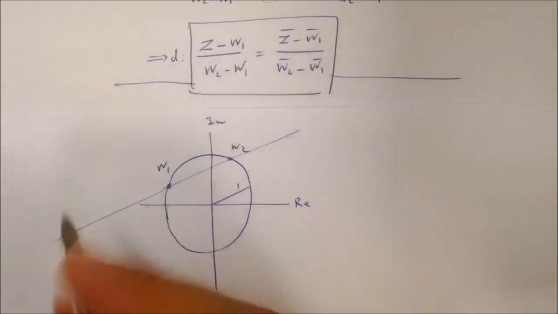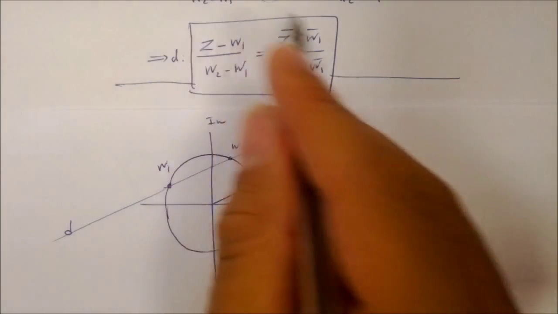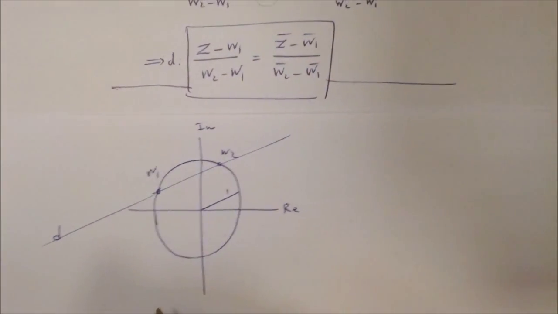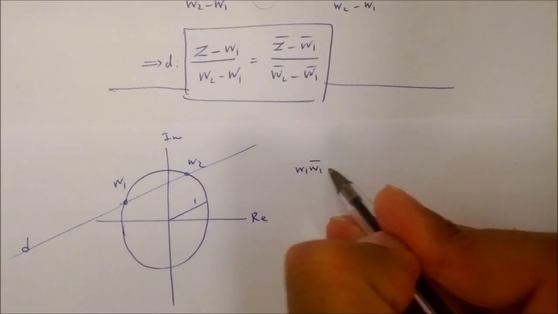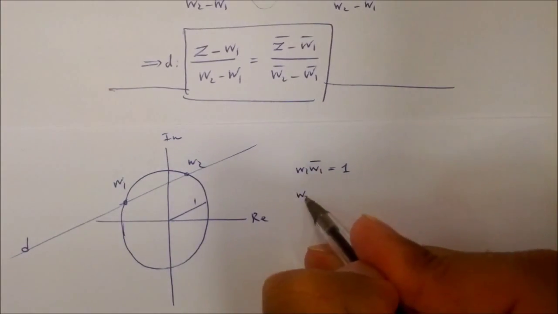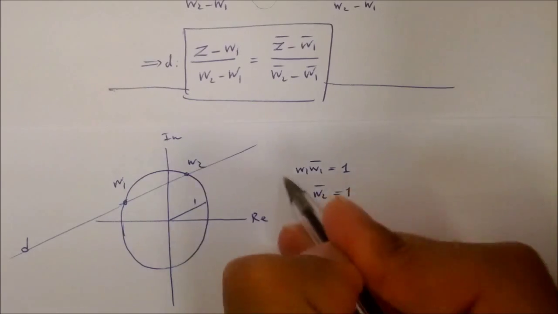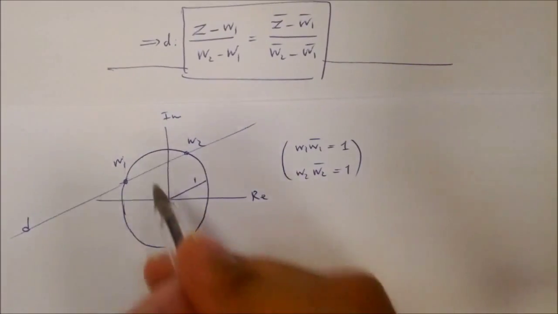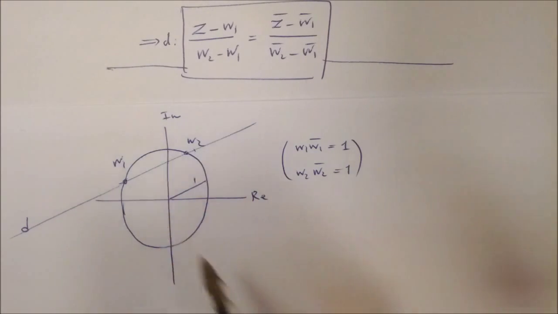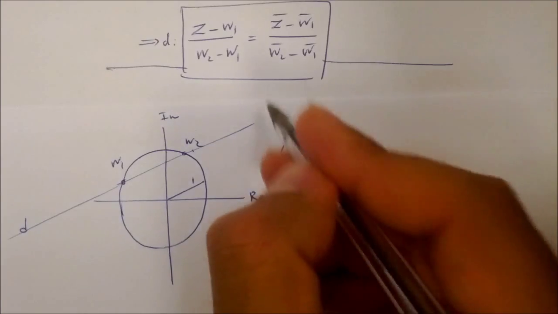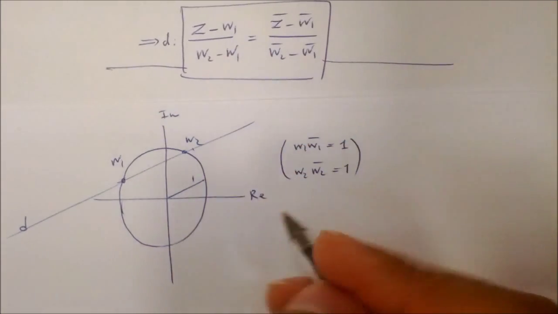The equation of the line D in general is this one, but if I have these two equations, because W1 and W2 are in this unit circle, I can simplify this equation.